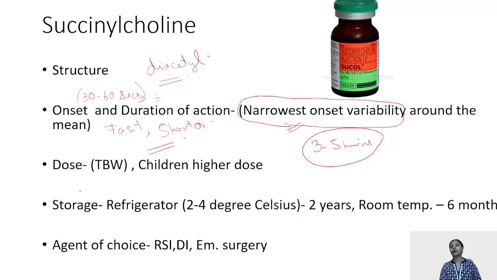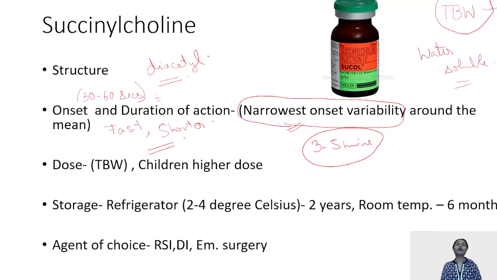Now talking about the dose of scolin. See, scolin is a water soluble agent, which is metabolized very fast. That is why scolin is always given by total body weight.